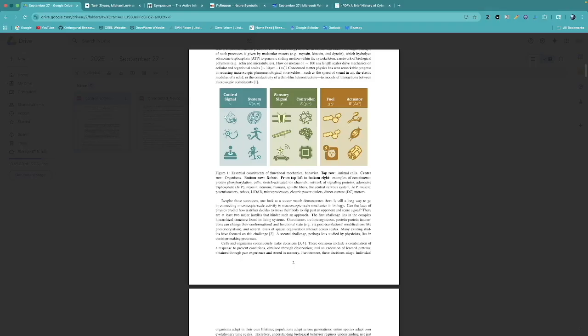We have this electrical source, which fuels an electrical motor. So we have these different sources of fuel, ATP and electricity, and they fuel these different movements in different systems through actuation.